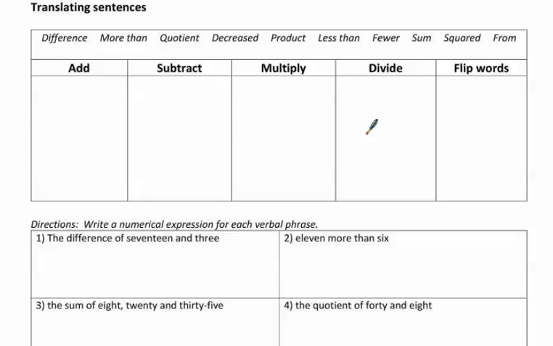Let's look at translating sentences. There are different keywords to tell you whether you're adding, subtracting, multiplying, or dividing. For example, for adding, you can use the words more than or sum.